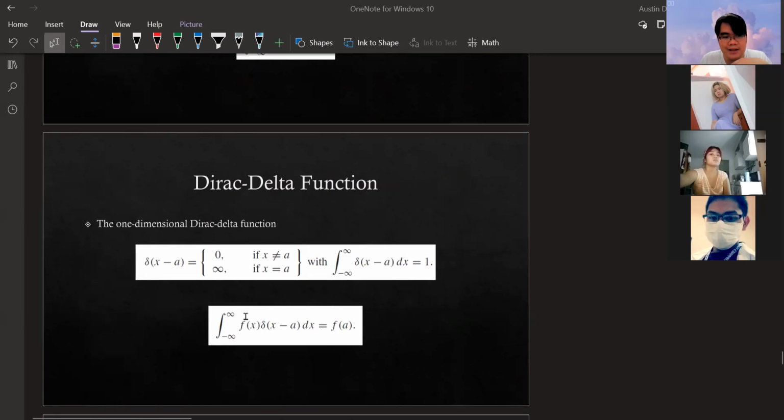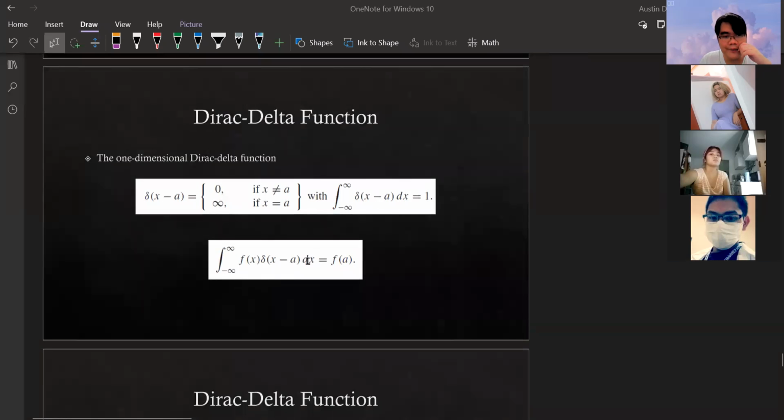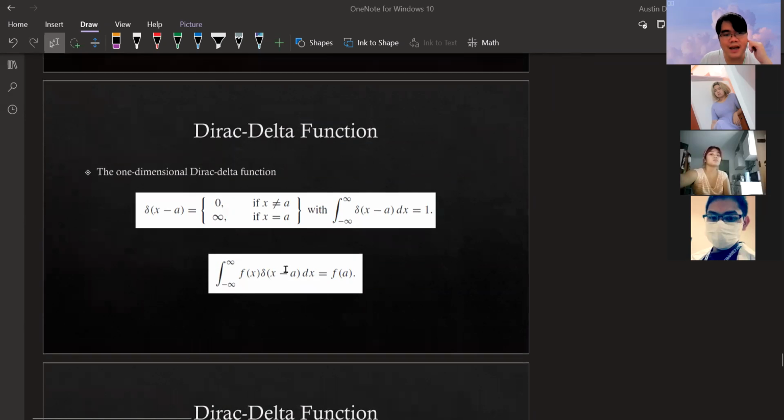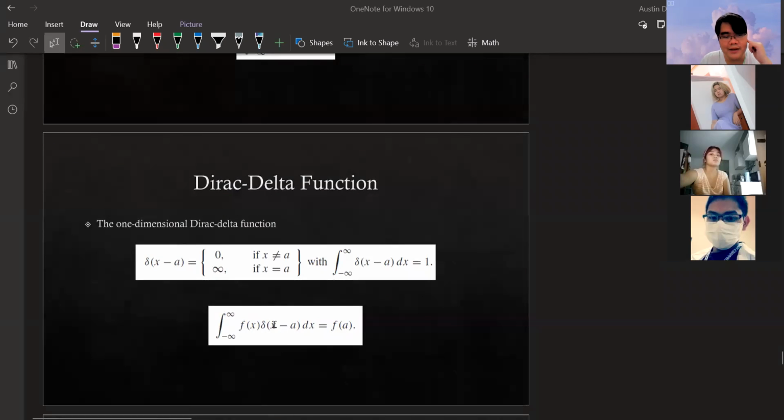If natabihan niya yung isang function f of x, ayan, nakatabi niya yung function f of x, ang mangyayari, since gagalaw yung x mo, di ba? Gagalaw yung x mo all over your space, dx. Tapos, si Dirac delta, since 0 lang naman siya elsewhere, kapag hindi a, ang mangyayari sa integral na ganito is mauusog mo lang si x towards a.